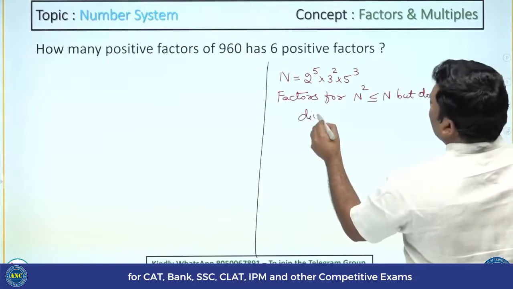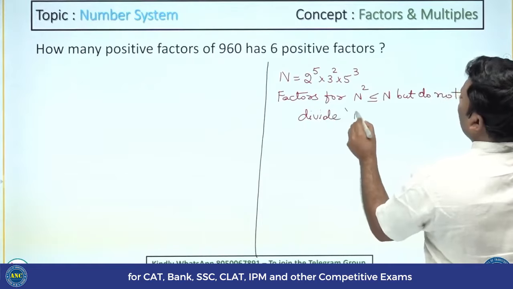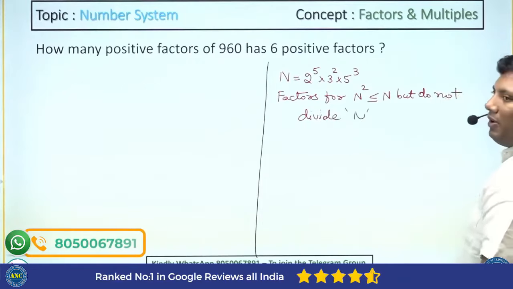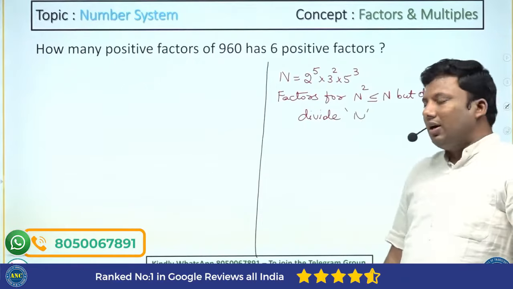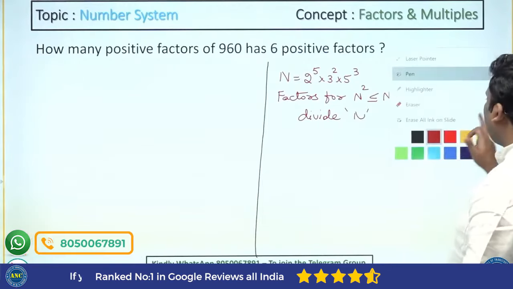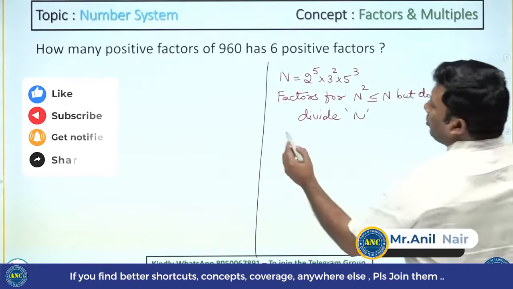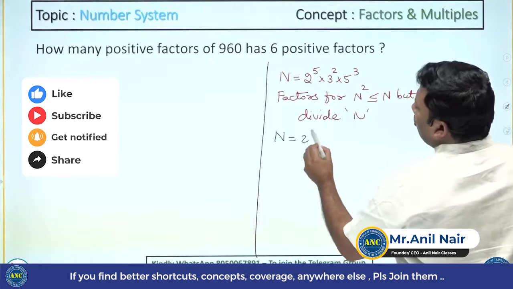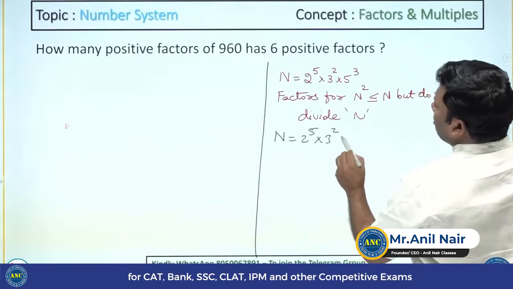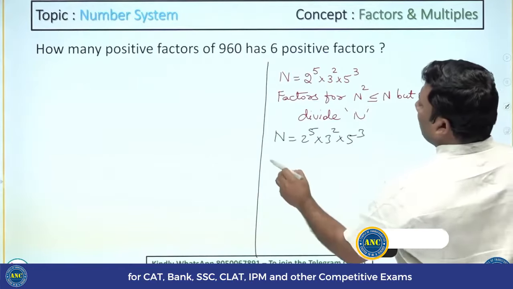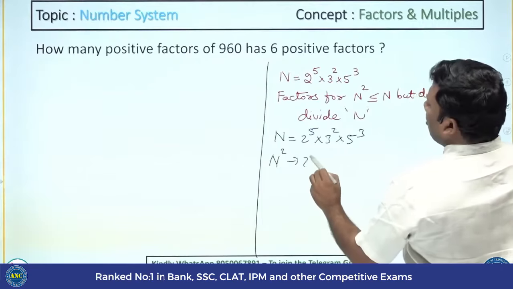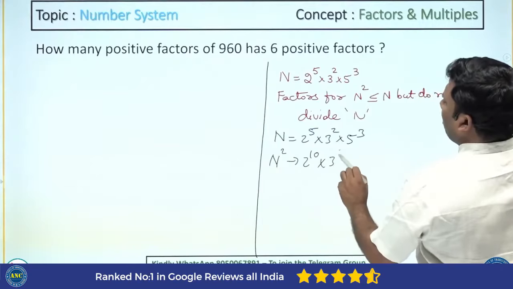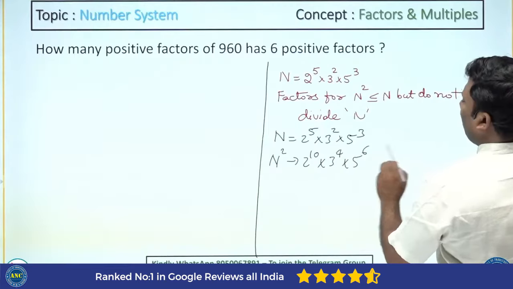Just logically if you solve, you will get the answer. So n is 2 power 5 into 3 square into 5 cube. N square will be 2 power 10 into 3 power 4 into 5 power 6.